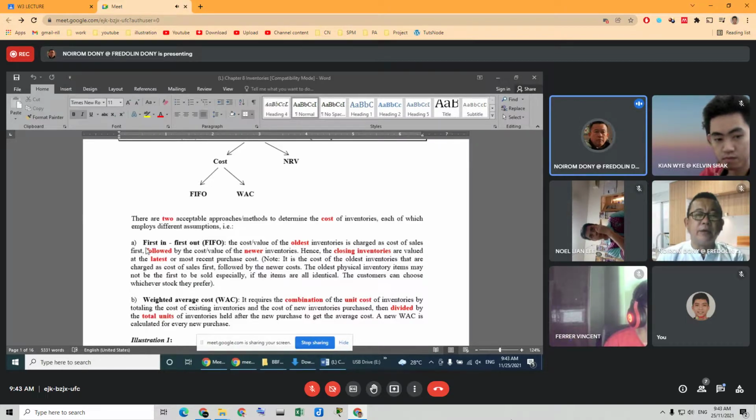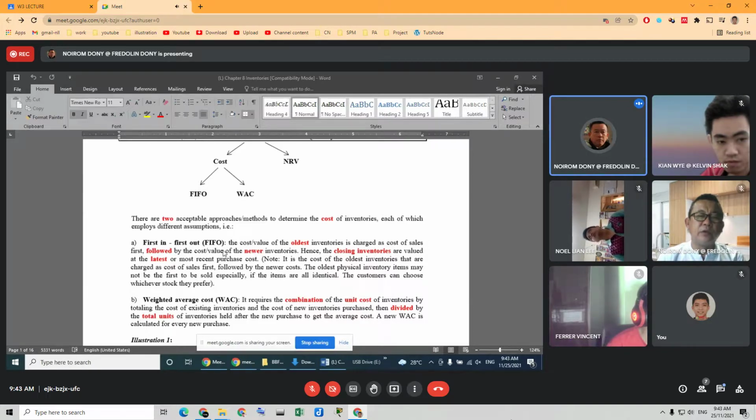The first one is first in, first out, meaning the assumption is that what came in first will be used first. Let's say you have inventory from January and February. January came in first, isn't it? So January stock will be used first. That is the meaning of first in, first out.